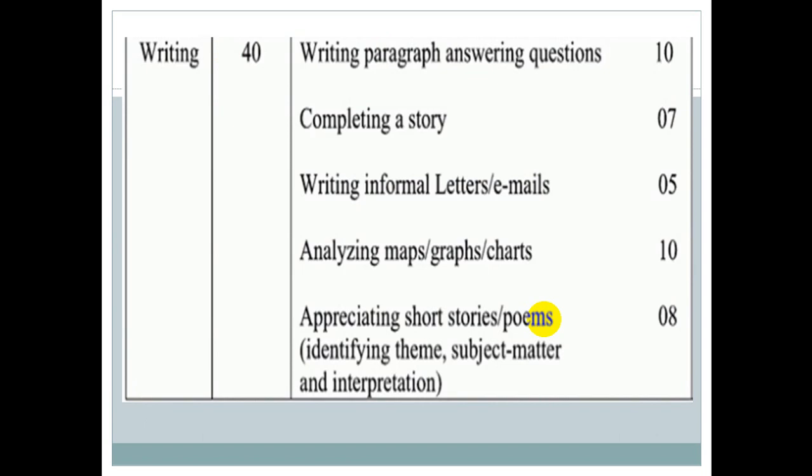So next comes the writing part, that is 40 marks. There will be paragraphs, a completing story, writing informal letters or emails, analyzing maps, graphs, charts, and of course an appreciating short story or poems.